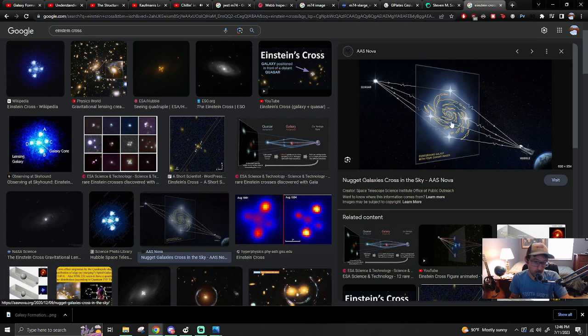Quasar, foreground galaxy, 4 quasars. So it's bending it around it like that, creating the image of 4 galaxies or quasars, but really it's just one.